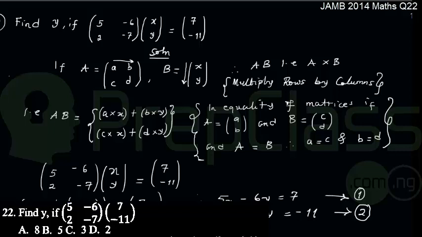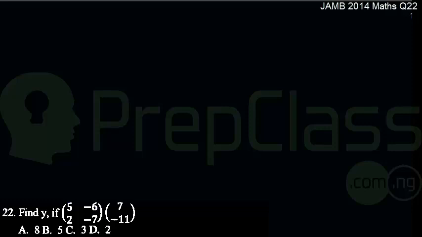So let's eliminate x. We make sure that the coefficients of x in both equations are the same. In equation 1, the coefficient of x is 5. In equation 2, the coefficient of x is 2. So in eliminating x, we basically use that concept. From equation 1, I would multiply equation 1 by 2. Everything in equation 1 would be multiplied by 2.